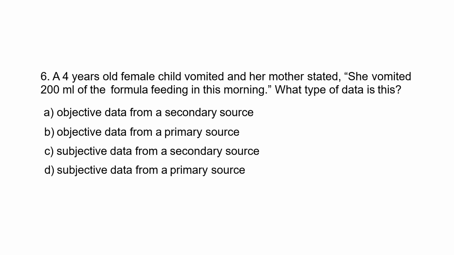So what are the sources of data? There are primary and secondary sources of data. The primary source is the person who is examined, the person itself. And the secondary sources are any family members or significant others like parents or wife or husband or those who are with the patient. Also, we can have the health professionals or medical records.